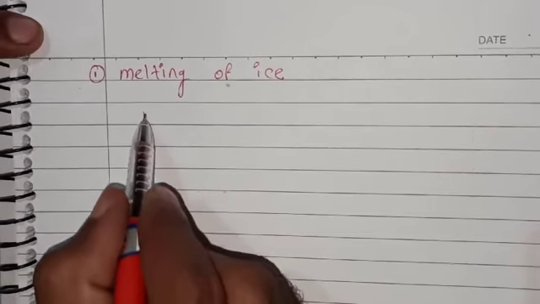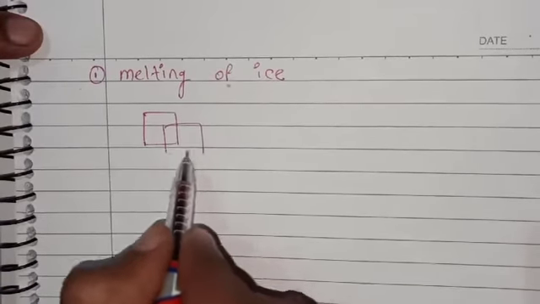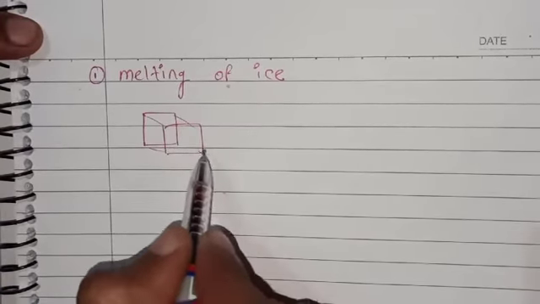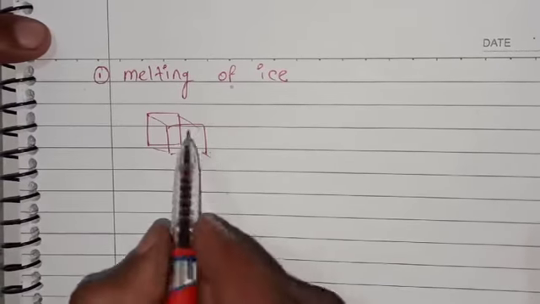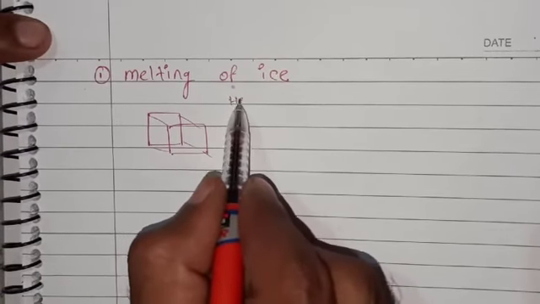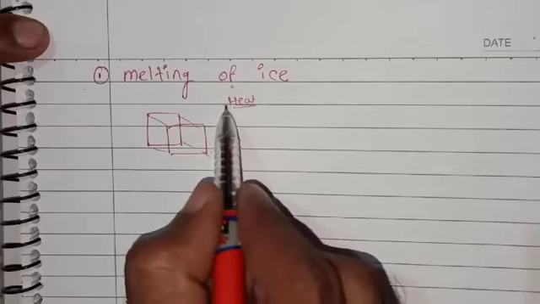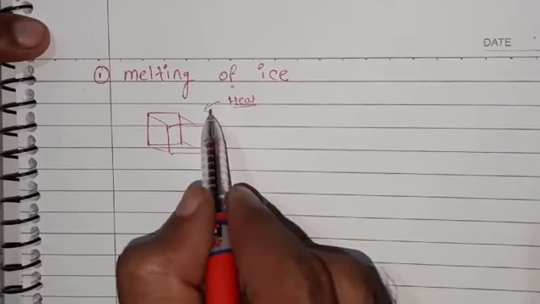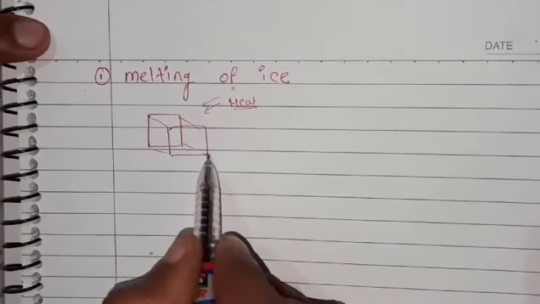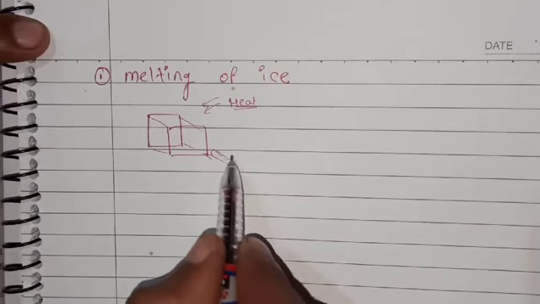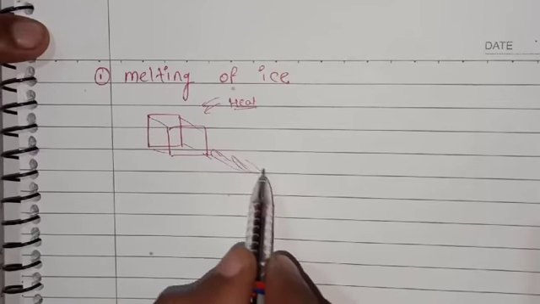So if there are some ice cubes, and external heat is given to that ice cube, then slowly it melts and forms water.